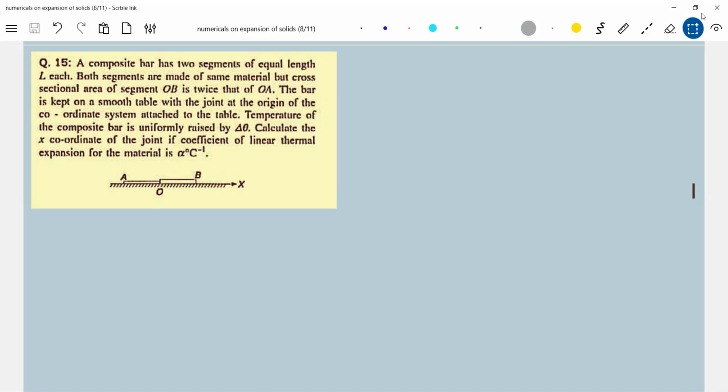Okay, let me take this question. It's telling there's a composite rod. So area of cross section, I think he has given. So let me start with the diagram.